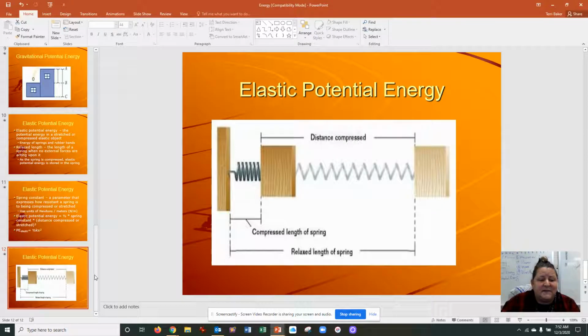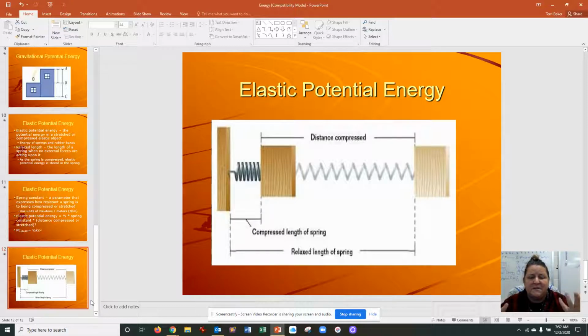And that is it. We have two types of energy: kinetic energy and potential energy. For potential energy, we have two types. Is it gravitational or is it elastic?